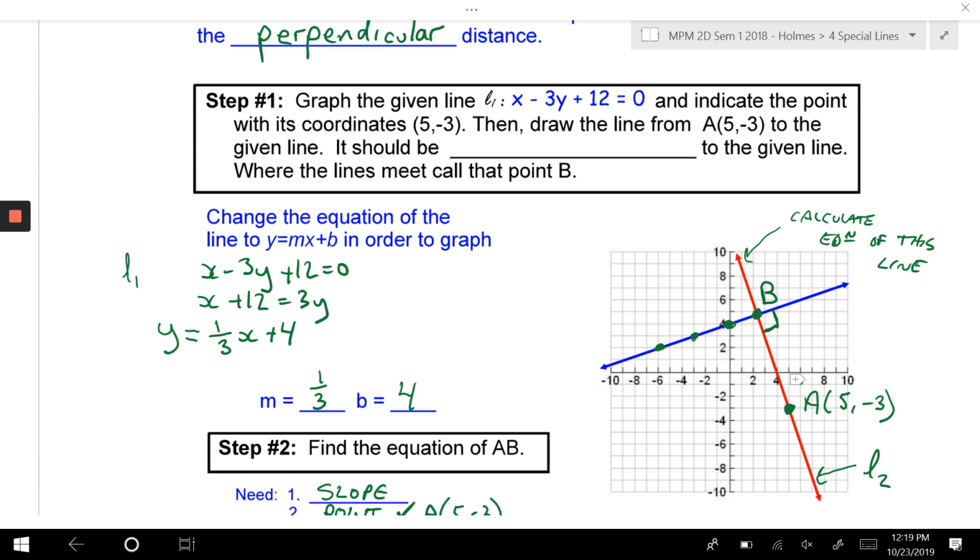It's typically better just to go back to your original equation. It's the original source, so there's not a mistake in it. Although that doesn't matter, because if you've made a mistake here, that's going to be carried on through with the rest of the stuff you do. But generally speaking, we always go back to that original source. Although theoretically, you could put that in as well, and it wouldn't matter. We're going to go with the original given equation, x minus 3y plus 12 equals 0.